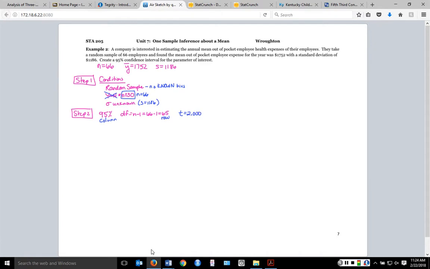Then we do have everything to plug into our formula. So we have our sample mean, we have our t, we have our s, and we have our n. And then we can do the same thing on the other side.